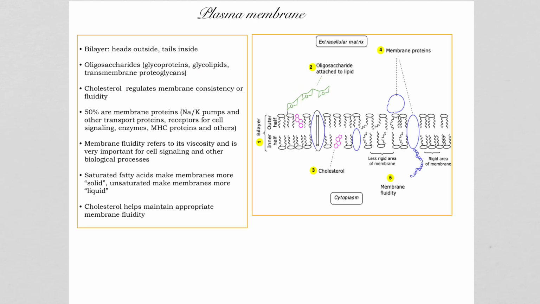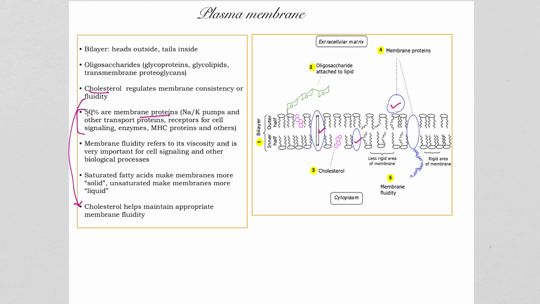The membrane is not only lipids, there's also cholesterol, which we'll talk about later. Besides lipids, membranes are also very rich in proteins. All kinds of proteins are found in the plasma membrane.